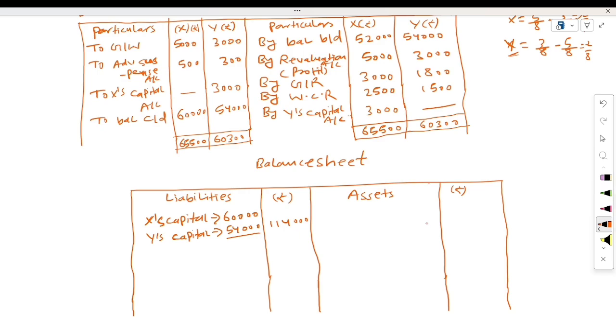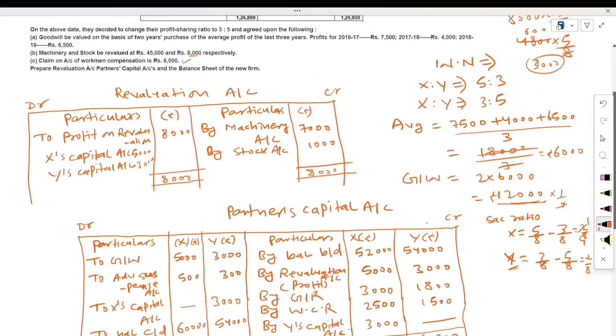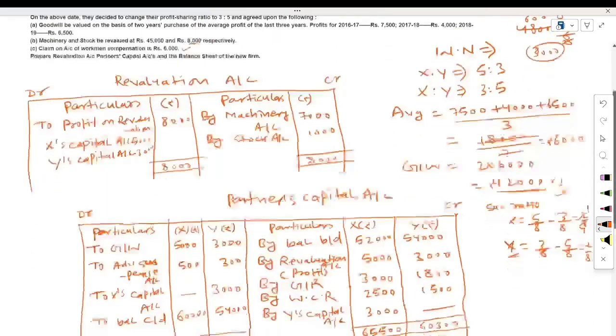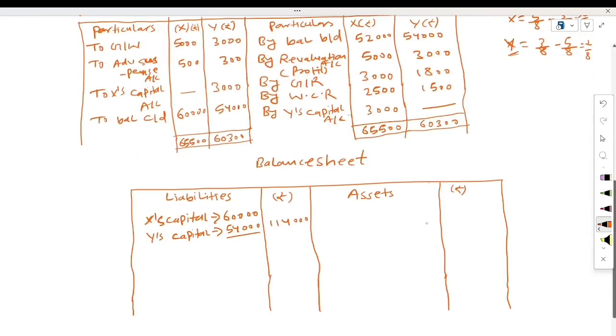Next, what is in the liability side? Here sundry creditors and employees provident fund is mentioned here. We will write also this one, and general reserve already credited to the partners. Sundry creditors, employees provident fund.